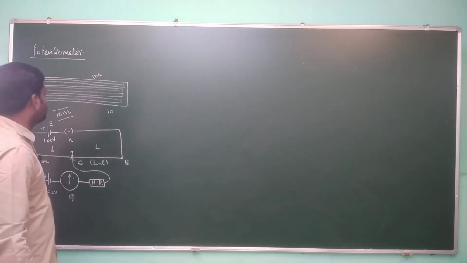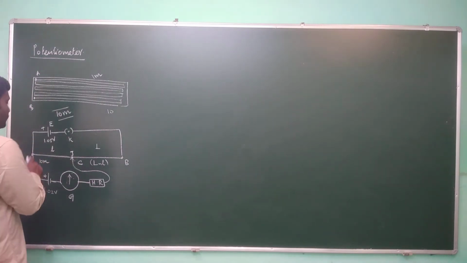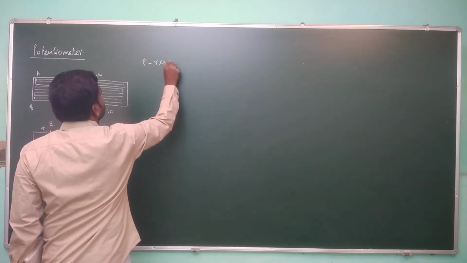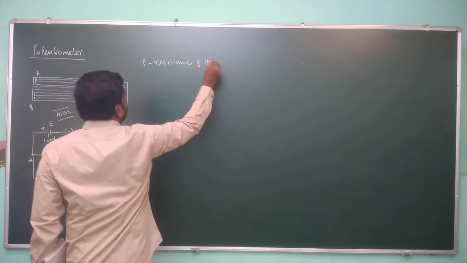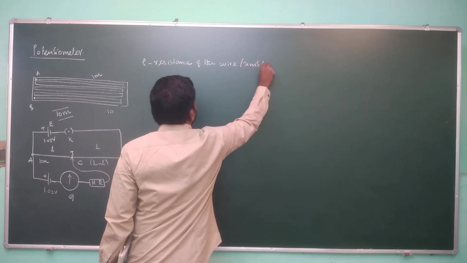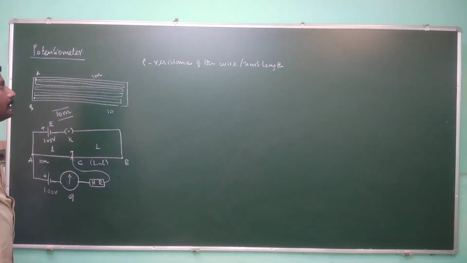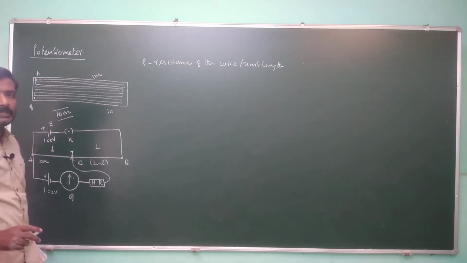Fine. Now in this case, we can define rho as the resistance of the wire per unit length, that is, the resistance of the potentiometer wire per unit length.